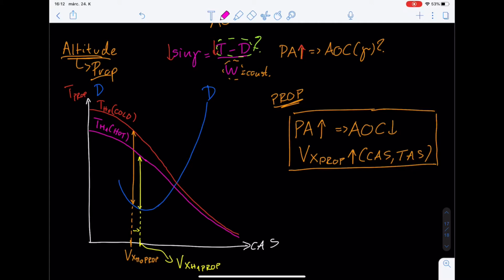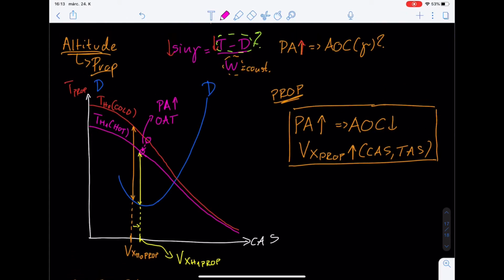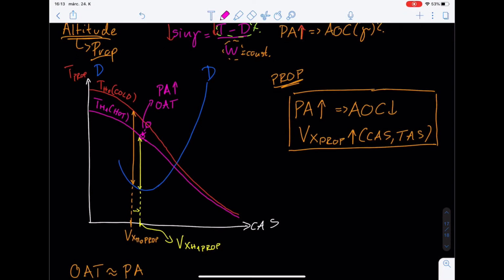So when we go from this curve, the one on the right, to the one on the left, this could basically either be an increase in the pressure altitude or an increase in the outside air temperature, and it would give you basically the same exact result. So the pressure altitude increase has the same effect as the outside air temperature.